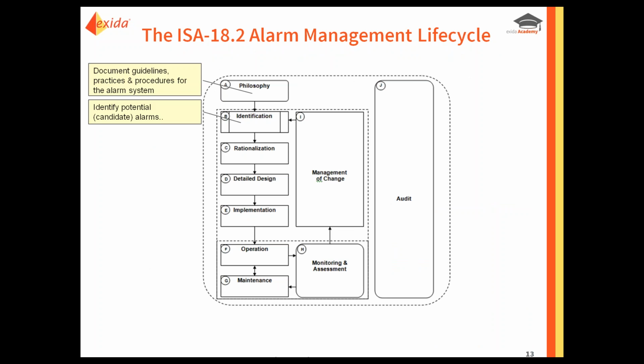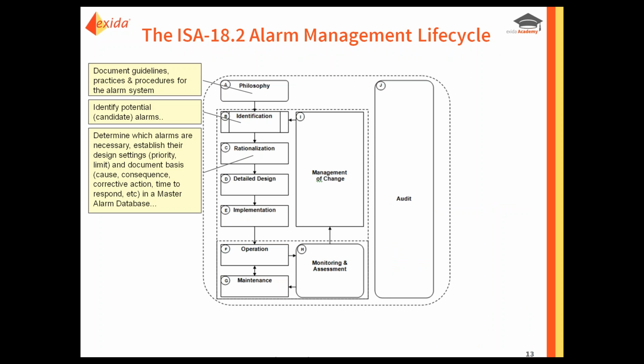Identification is the process of coming up with a list of potential or candidate alarms. Rationalization is where you review those alarms to define which ones you need, which ones meet the criteria for being an alarm. You define their priority, their limit, their set point, document their cause, consequence, corrective action.